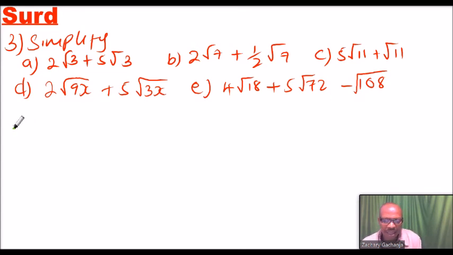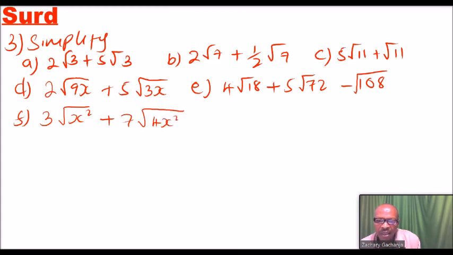That is E. Then we have our F: 3 root x squared plus 7 root 4x squared, put the brackets there, minus 21 root 16x squared.